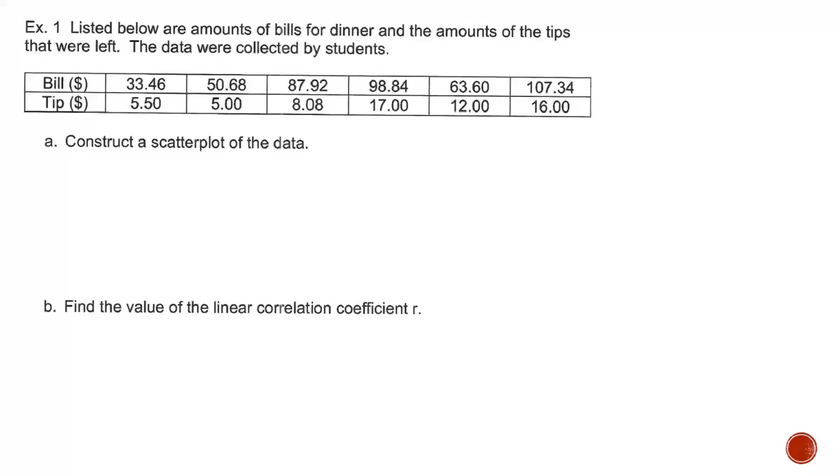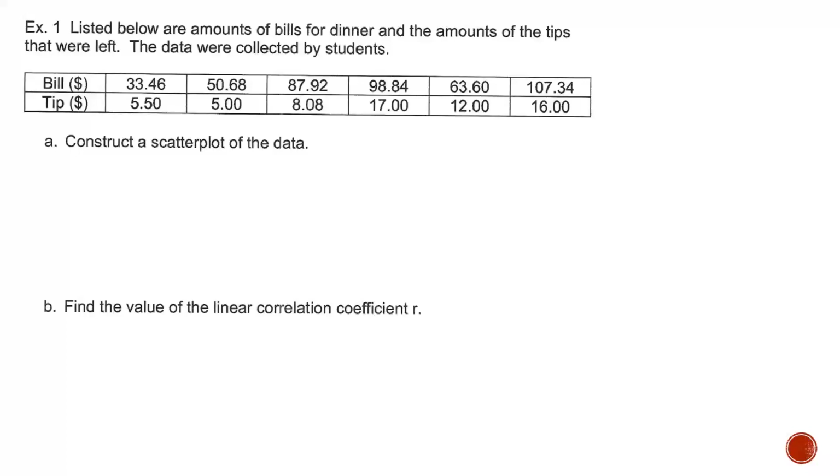So there should be a correlation between the quantities, how much you tip and how much the bill is. We would expect there to be a linear correlation. Do we all agree with that? So we have to see if there is one.